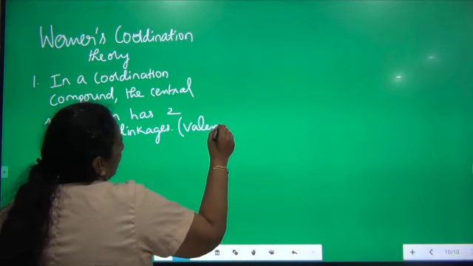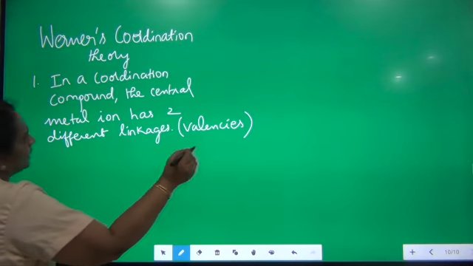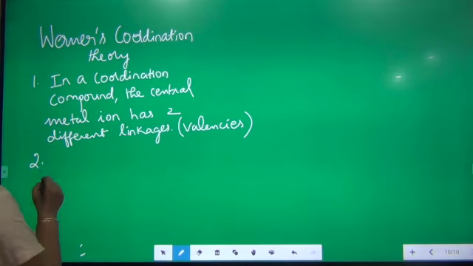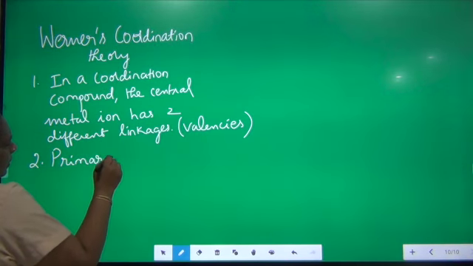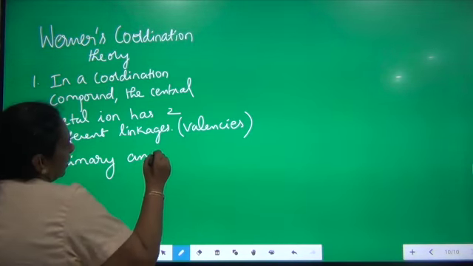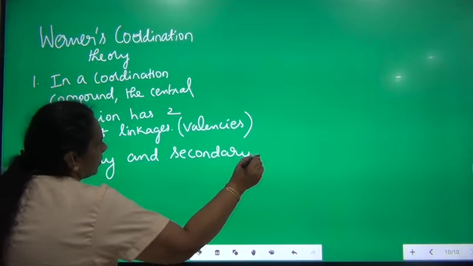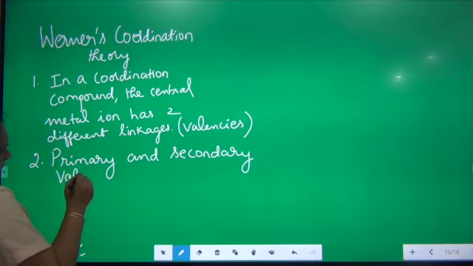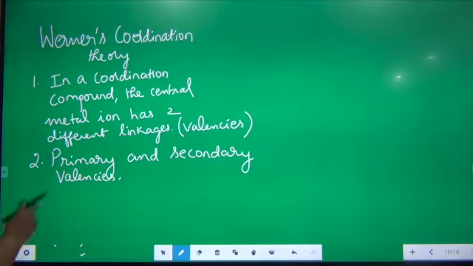The second point: these linkages, which are otherwise called valencies, are primary and secondary valencies.